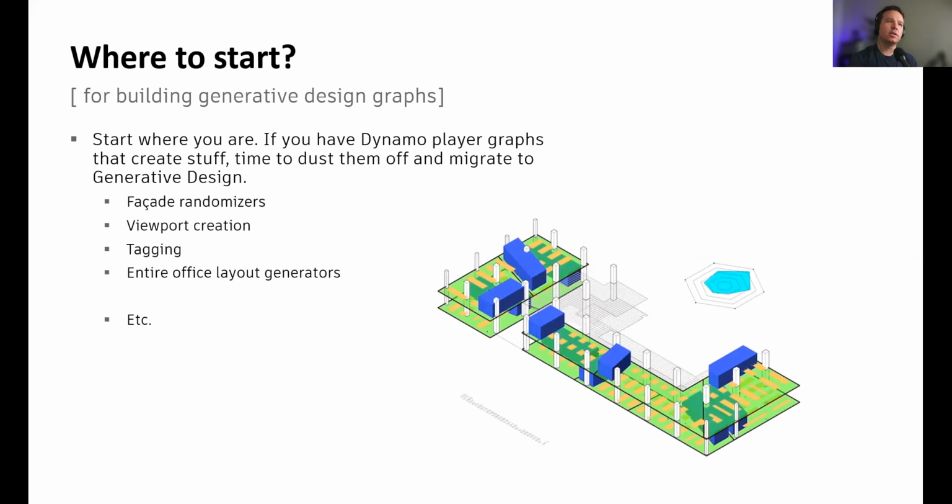There are a series of blog posts that I've been working on with the generative design team about practical use cases. If you've seen me present before, I'm pretty blunt with my feedback a lot of the time.